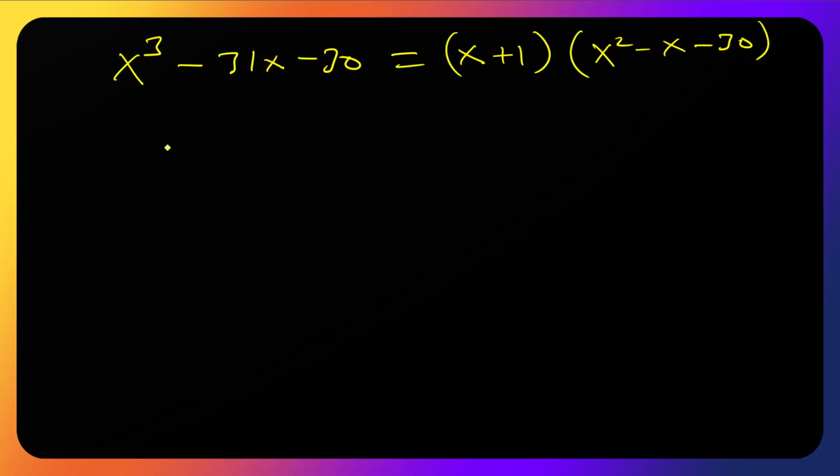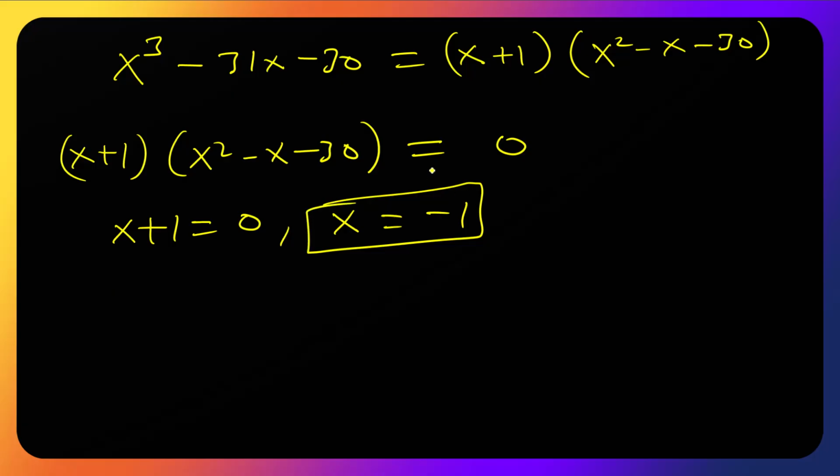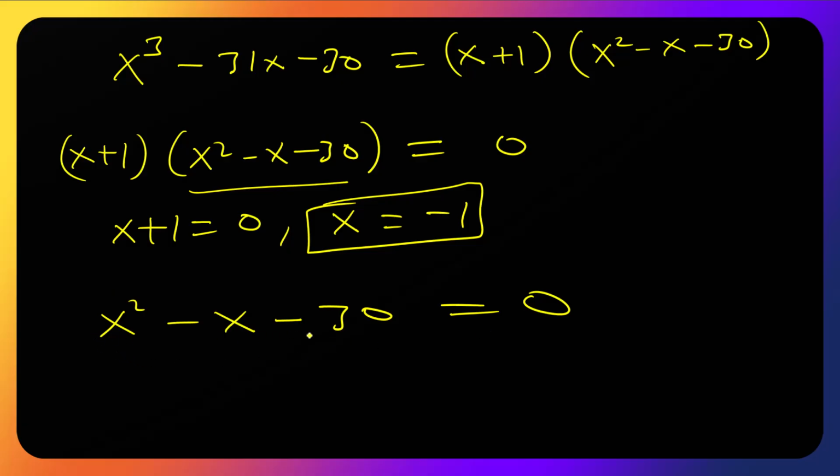Okay. So from here, since we have to solve this, we say x plus 1 times x squared minus x minus 30 equals 0. So the first answer from the zero product will be x plus 1 equals 0. Therefore, x equals minus 1. Now, this one also generates two answers. So, x squared minus x minus 30 equals 0. So, we have minus 6 plus 5 as factors.